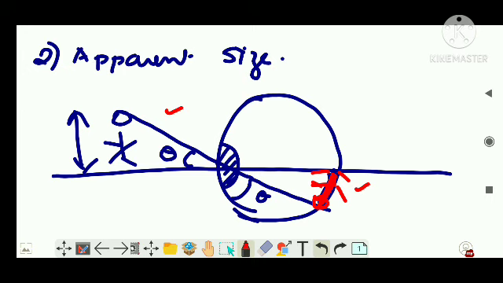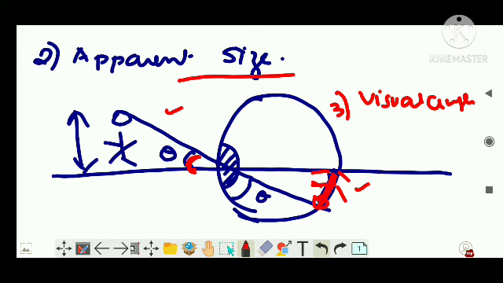I see an apparent size. The image which is formed in the eye is known as apparent size, and this is the angle subtended by the object. The angle subtended by the object on the eye is known as the visual angle, the angle made by an object on the eye.